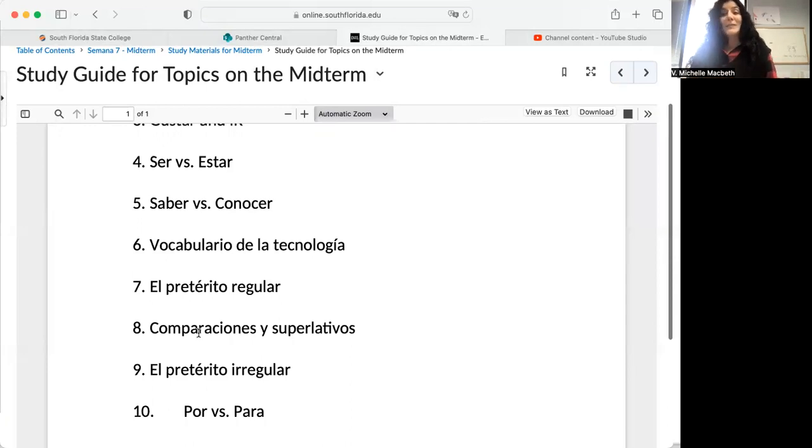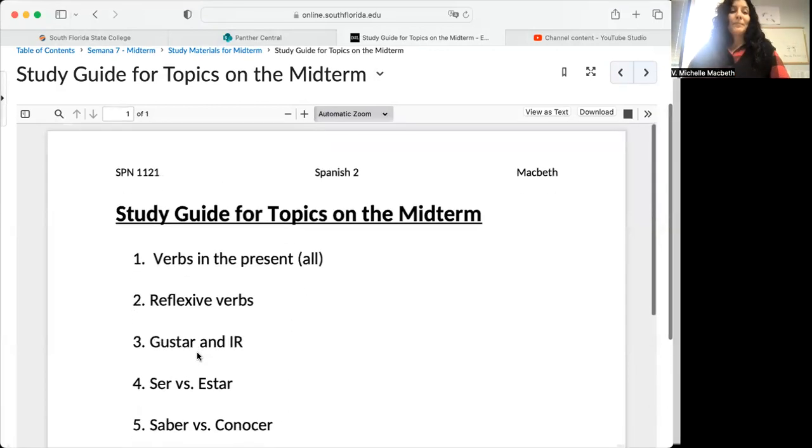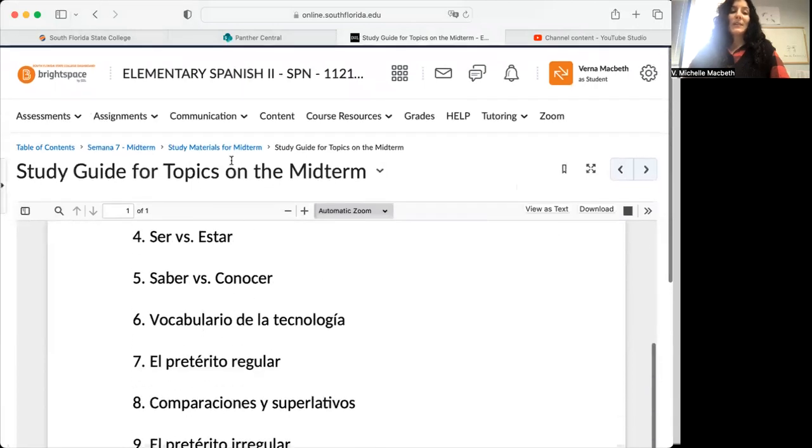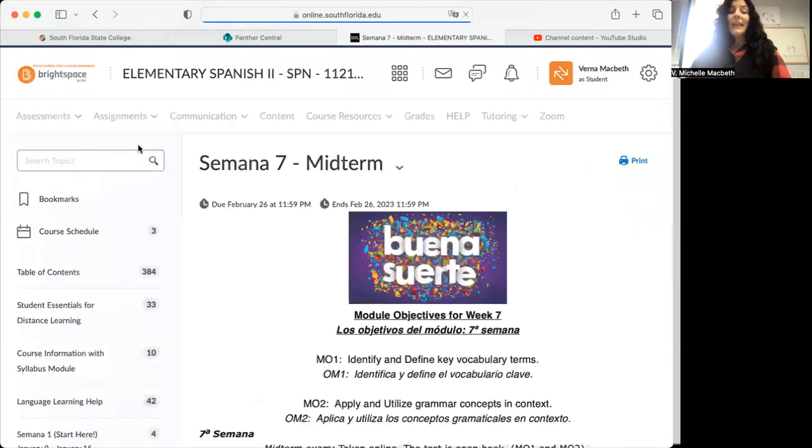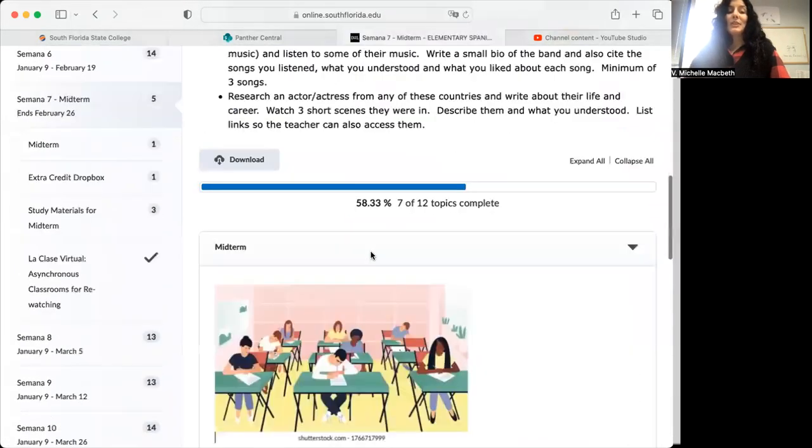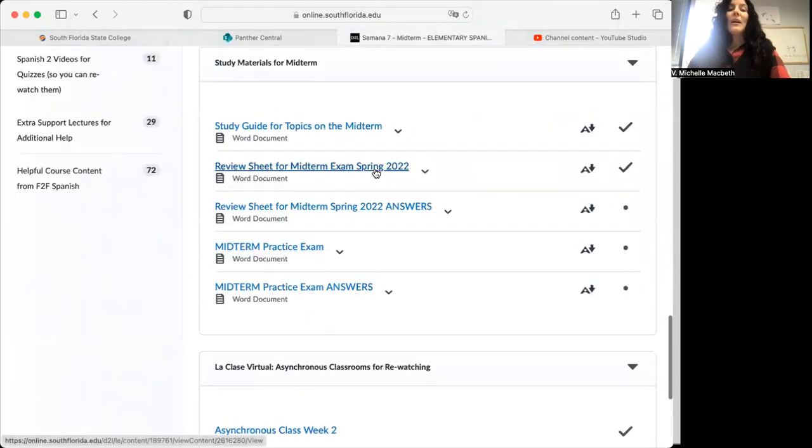Comparisons and superlatives, which only some of you used, right, in your restaurant guide. And I wrote, make sure you know how to do this, right, because it's going to be on the test. And then also por and para, which was something you were meant to do last week. Okay, so let's go back to the study materials and we'll click on each one. And what I'm going to do is I'm just going to take you through each review sheet and we'll talk about why.